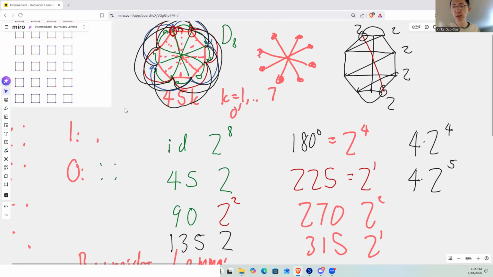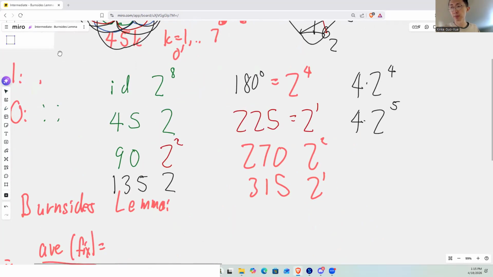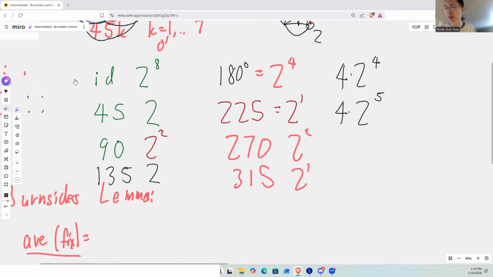So Burnside's lemma says that the answer is just the average of all of these.